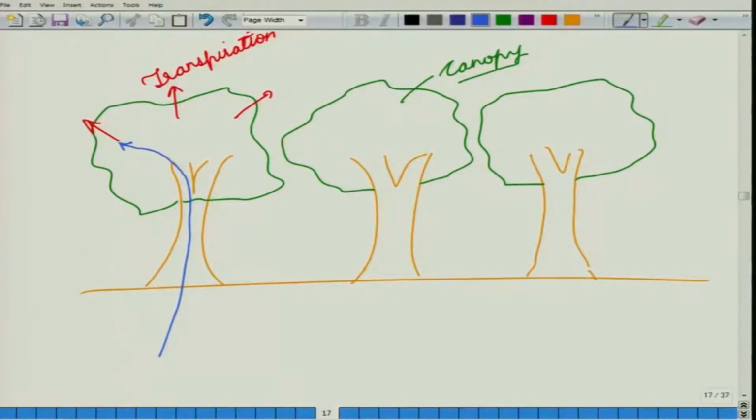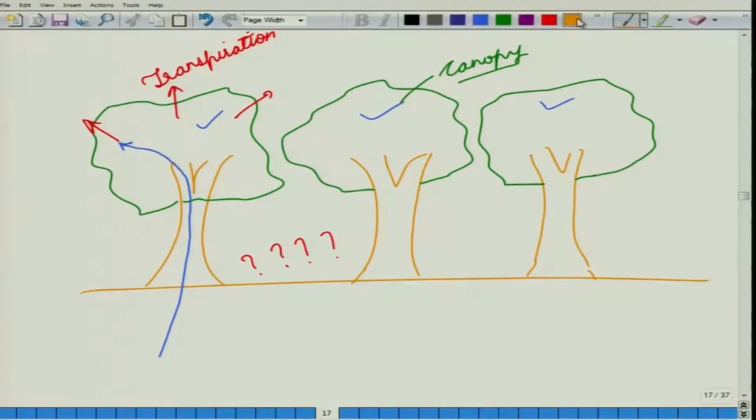Now if all these leaves here, here and here are giving out water vapor, what would happen to the amount of water vapor at this location? Naturally it will be a moist region.